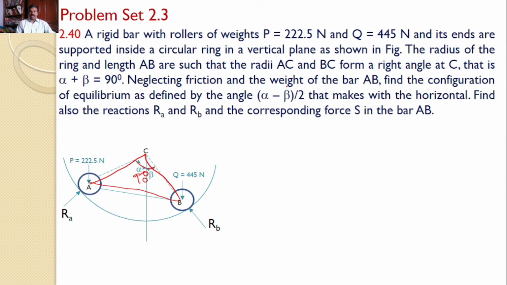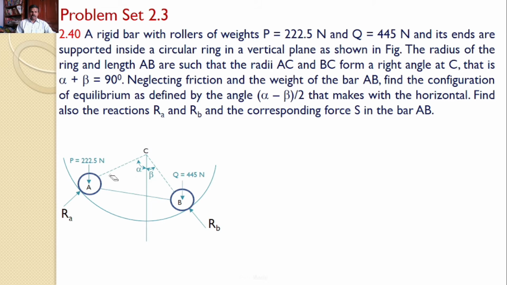Neglecting friction and weight of the bar AB, find the configuration of equilibrium as defined by the angle alpha minus beta by 2 that it makes with the horizontal. Find also the reactions RA and RB and the corresponding force S in the bar AB.